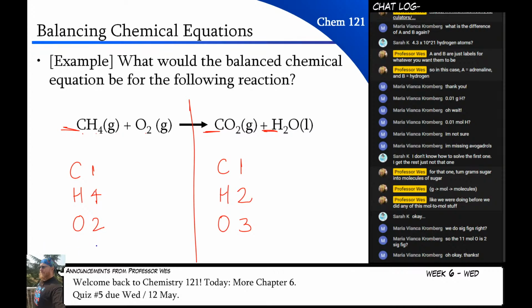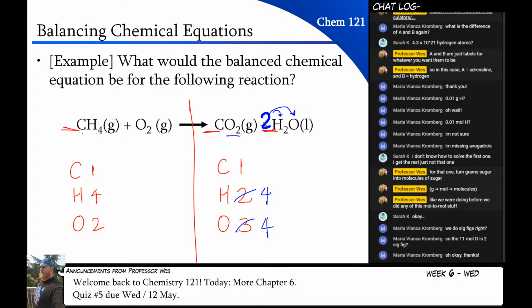I'm just going to pick a number for an example. I'm going to pick 2. I'm going to put a 2 right there. If I selected 2 for that spot, what changes? Well, now I have twice as much hydrogen. And I have 2 oxygens plus these 2 oxygens.